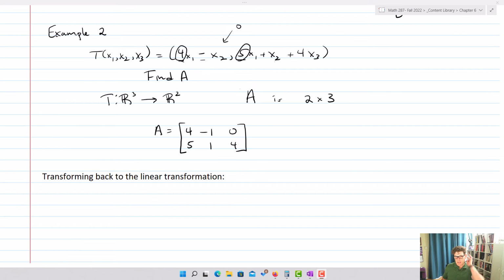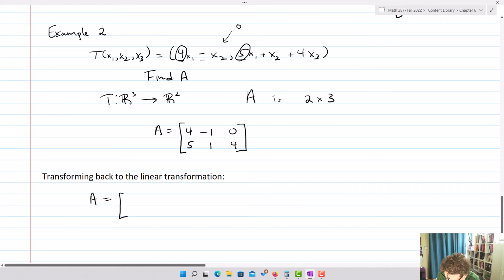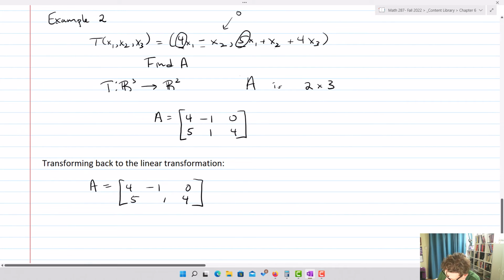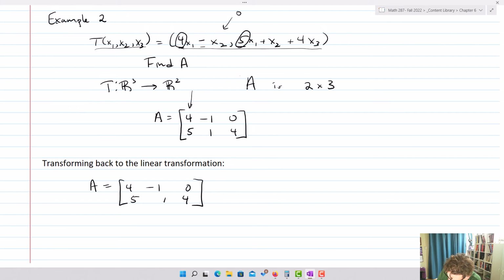Now let's talk about transforming back to the linear transformation. Let's take A, and we'll see that A is going to be 4, negative 1, 0, 5, 1, 4. When we went from linear transformation to matrix, we generated the columns.